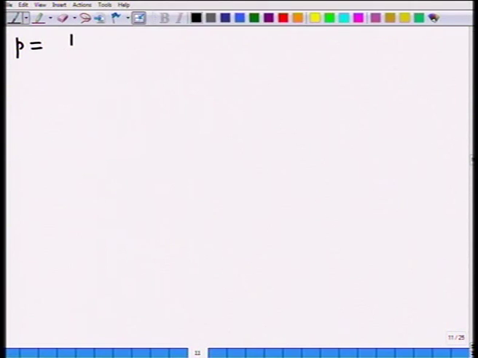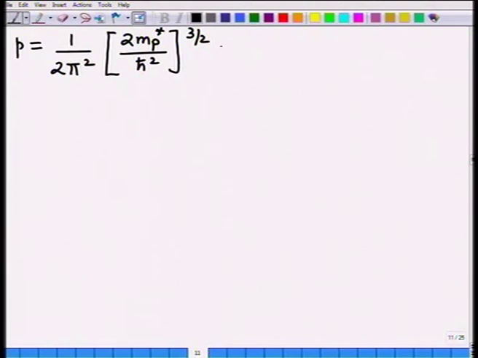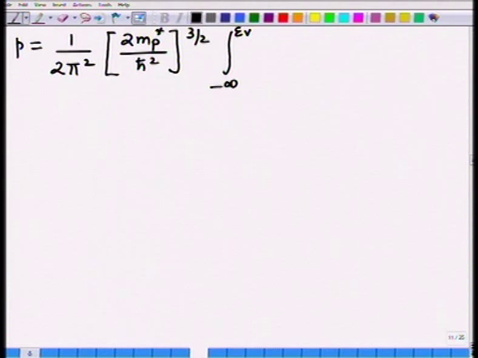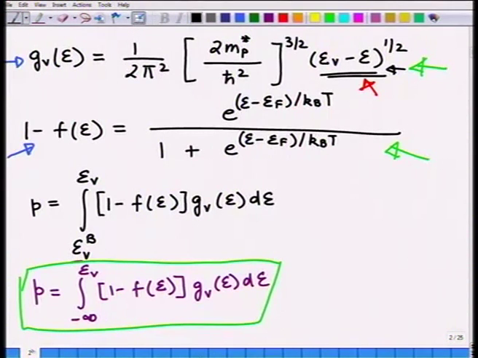This time I will skip some steps: 1 over 2 pi square, 2 m effective mass of holes by h bar square to the power 3 by 2, and now I am going to integrate from minus infinity to E_v, and what I am going to integrate now is 1 minus f(E). So, 1 minus f(E) I am going to prefer to write, let us go back here.